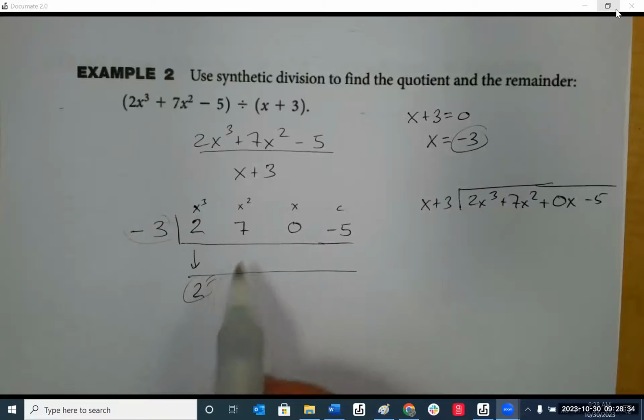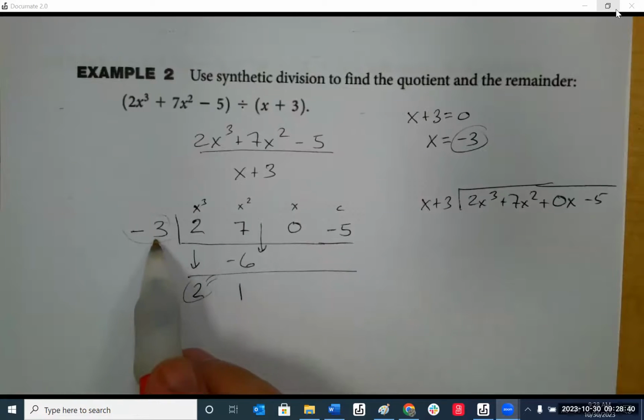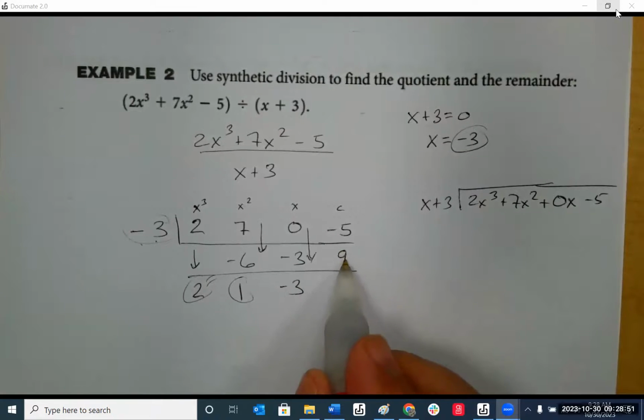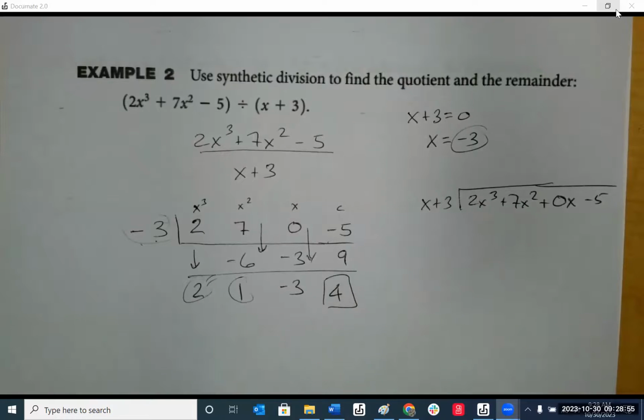Negative 3 times 2 is negative 6. 7 minus 6 is 1. Negative 3 times 1 is negative 3. Add straight down. Negative 3 times negative 3 is positive 9. And this is your remainder. So it's not a factor.